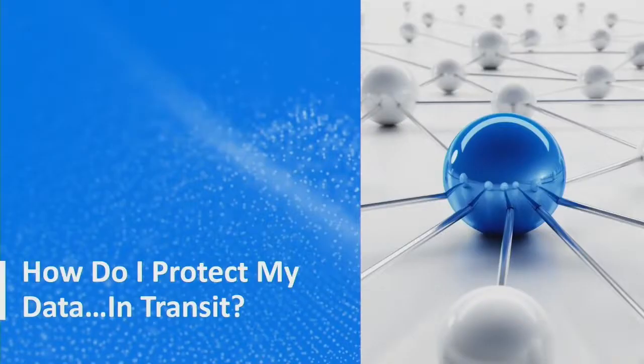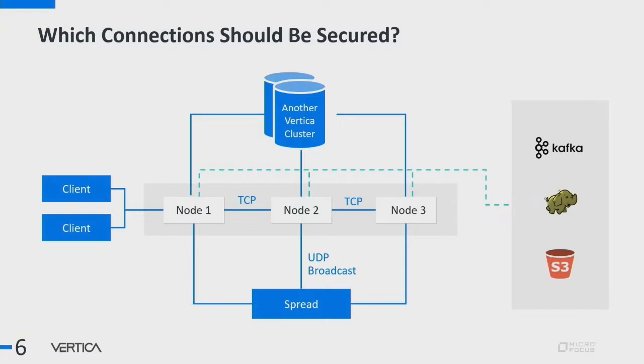Let's talk about protecting our data in transit. On this slide, you see a Vertica cluster consisting of 3 nodes and all possible data movements, both within and outside the cluster. First of all, data is moving between the nodes of the cluster.